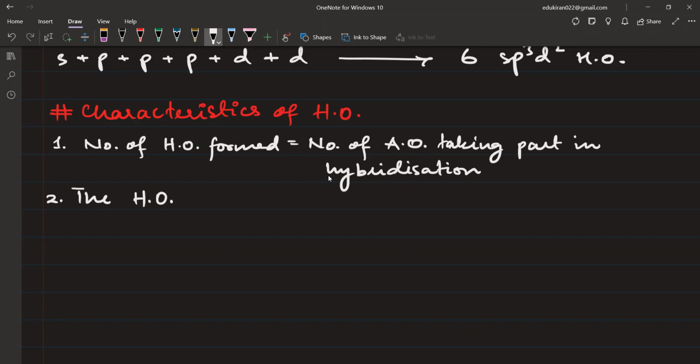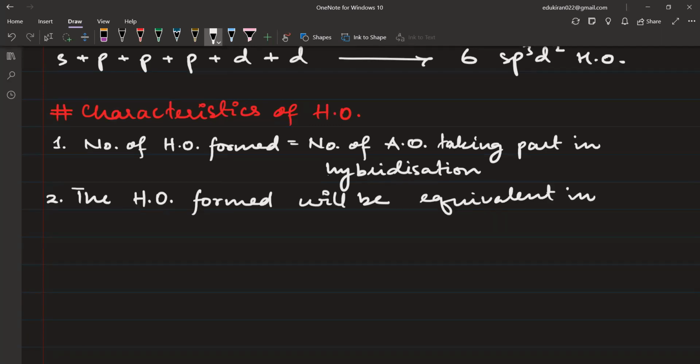The hybrid orbitals formed will be equivalent in energy, shape and size.